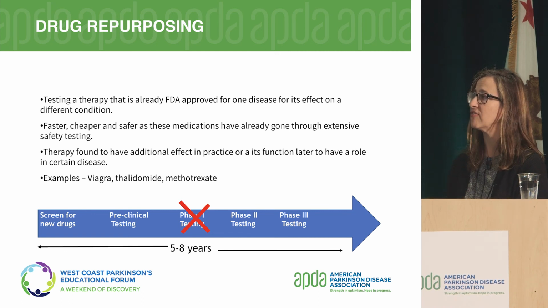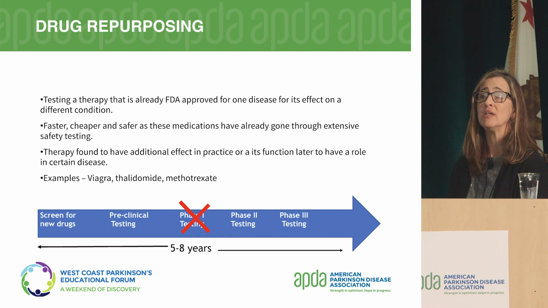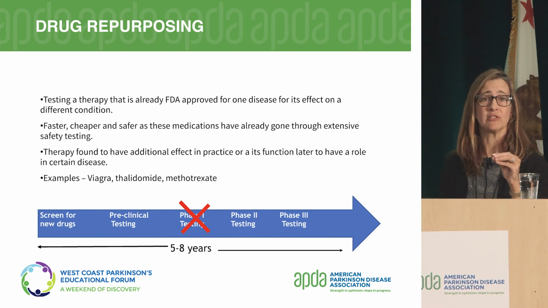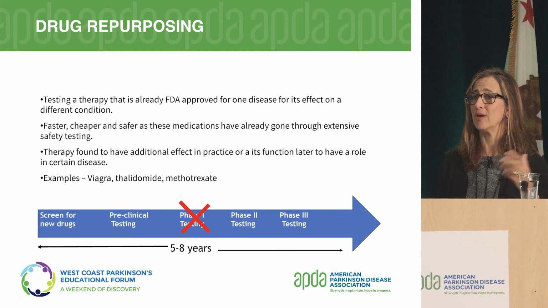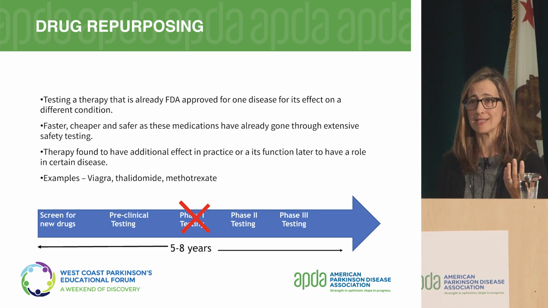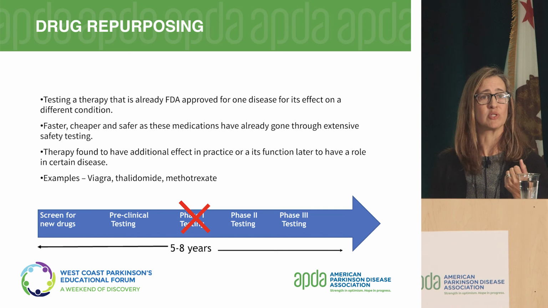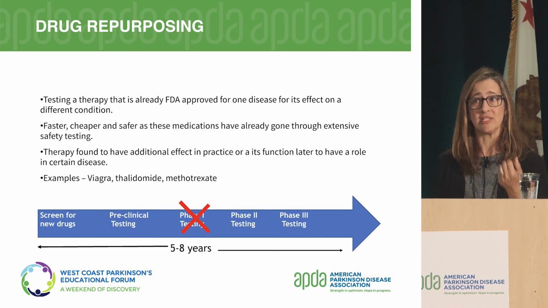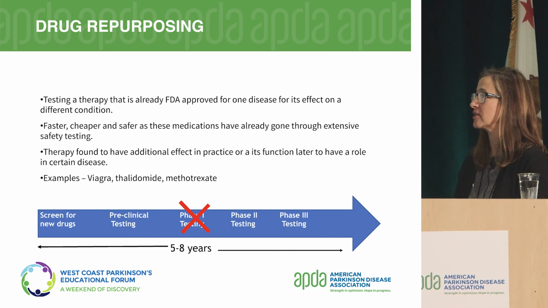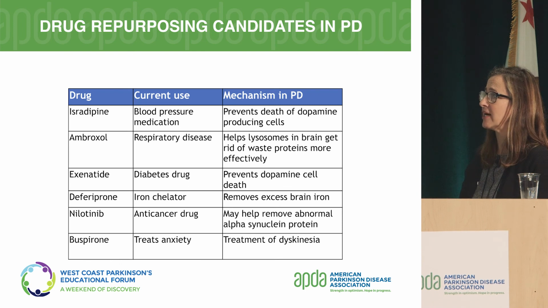So the screening for new drugs and some of the early safety testing is actually shorter because this drug has already been out in the market. We know the side effects, we know the toxicities, so it shaves off some time in some of those safety studies in these drugs. So this is my last slide.